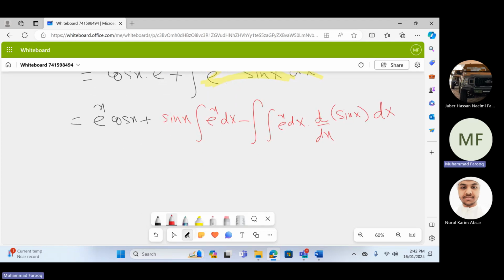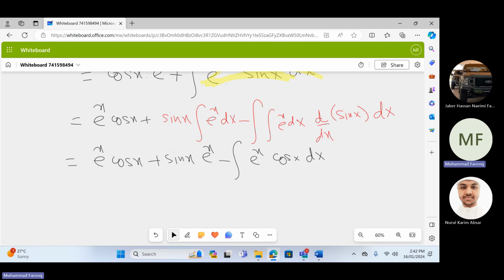So now, e to the x cosine x, copy as it is, plus sine x, e to the x integration, you know very well, e to the x, minus integration, again it is e to the x. What is the sine derivative? Cosine x and dx. This is equal to I. So again by parts, because you have two functions.